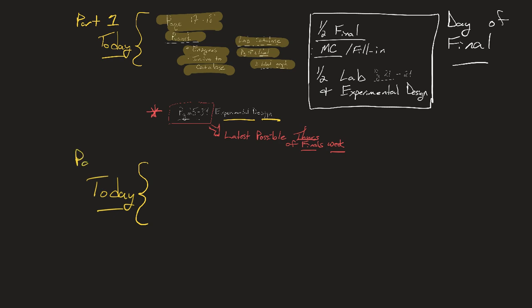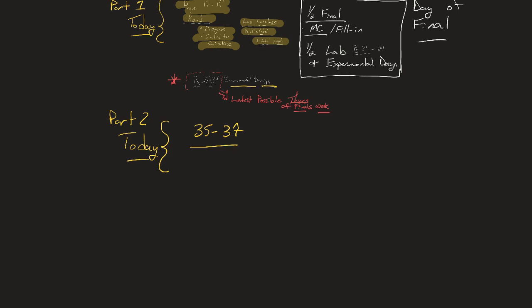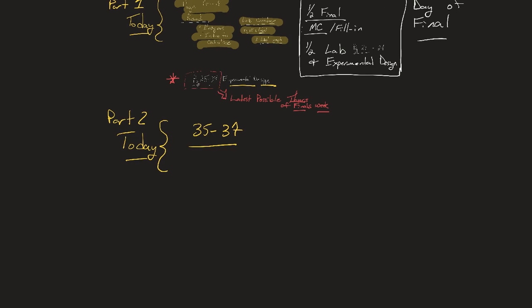Part 2 for today is to do pages 35, 36, and 37. That'll show me if you understand what a catalase is and what an enzyme is and how it works, okay?